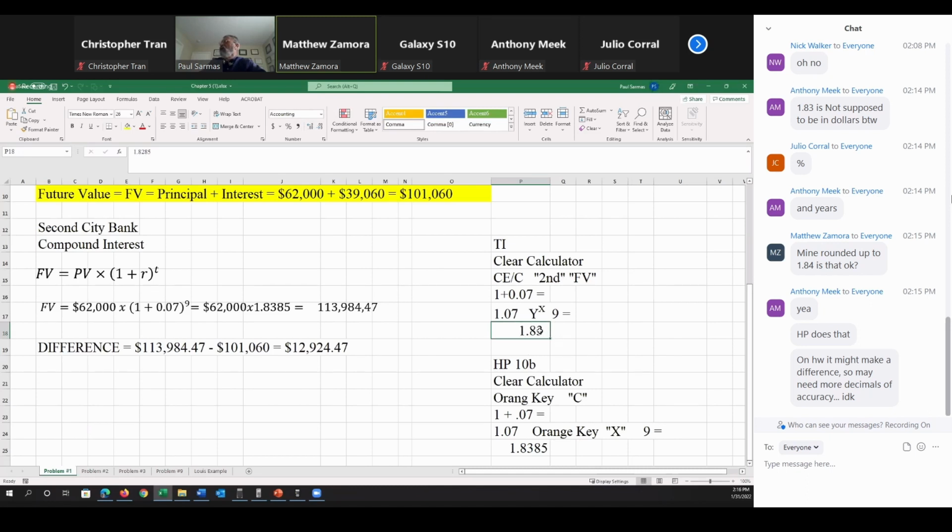Is that okay? No, that's why I said increase the decimal points to 4. That part. Okay, I'll fix that. Okay. I don't know why this is 1.8385. Okay. Okay, this is better. All right, this is it.